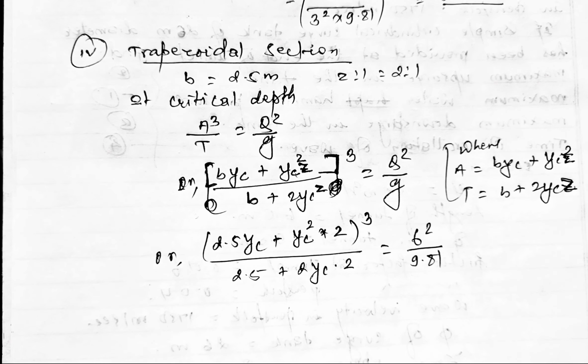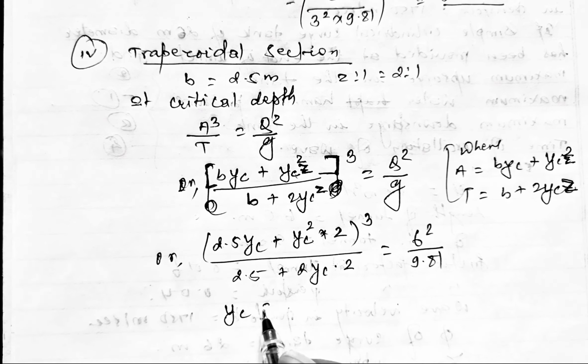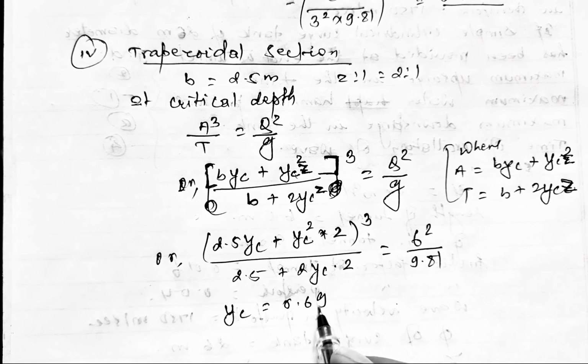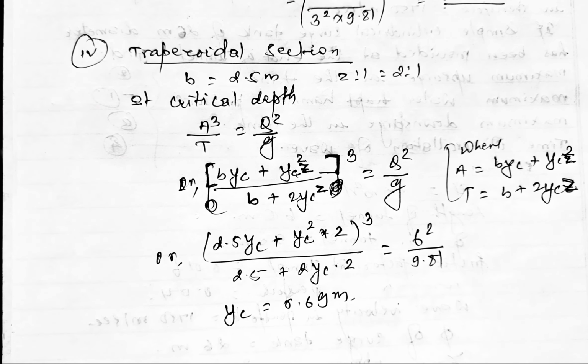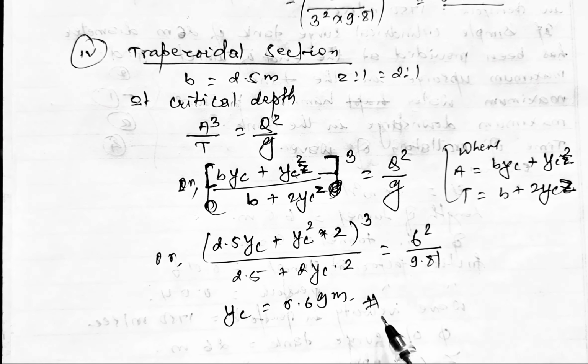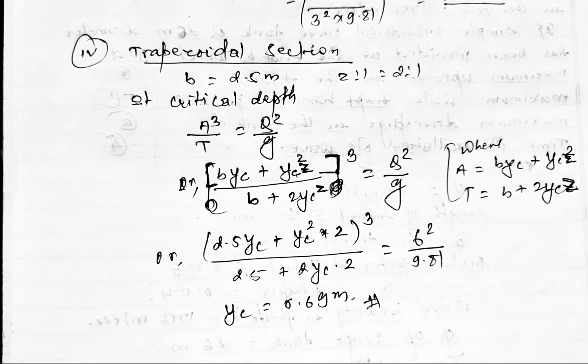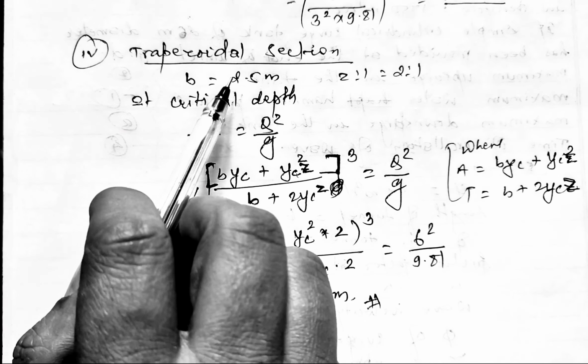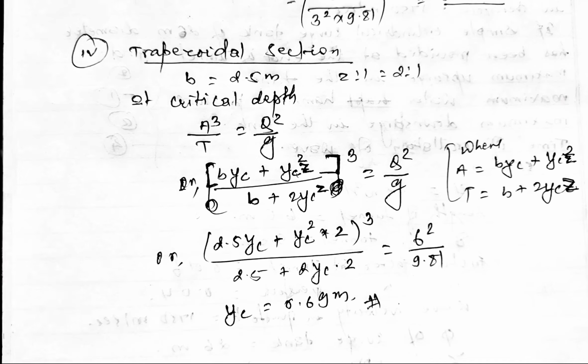So on solving this, the value of yc equals 0.69 meter, which is the required critical depth for the trapezoidal section at discharge 6 meter cube per second, width 2.5 and side slope 2:1.